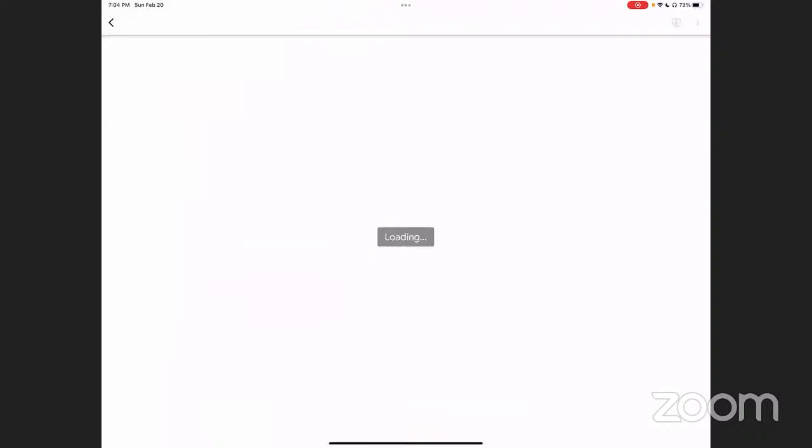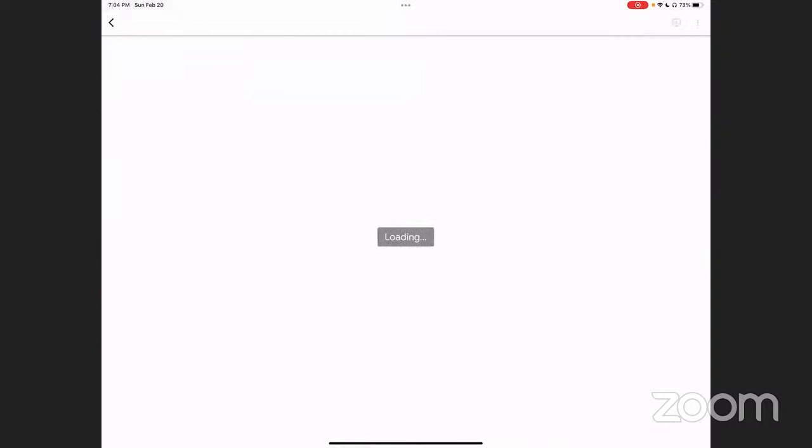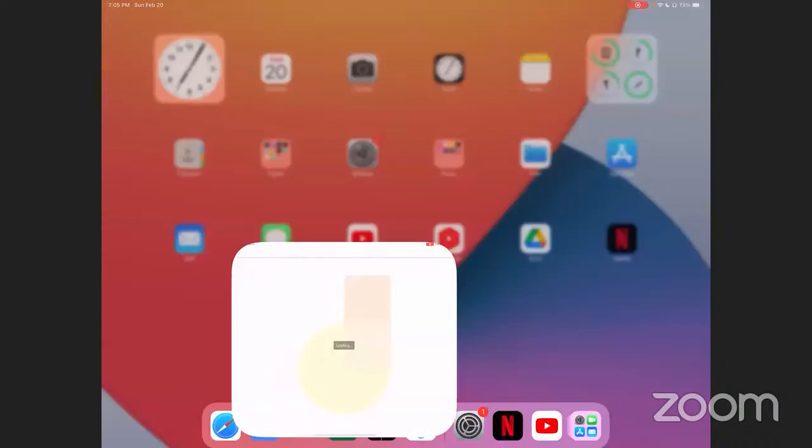All right, so let's talk about graphing sine and cosine functions. Give your Jamboard a second to load. Maybe I need to try reloading it.